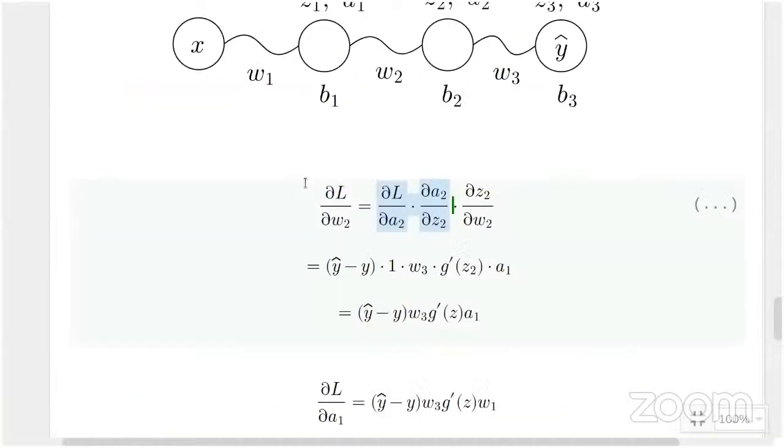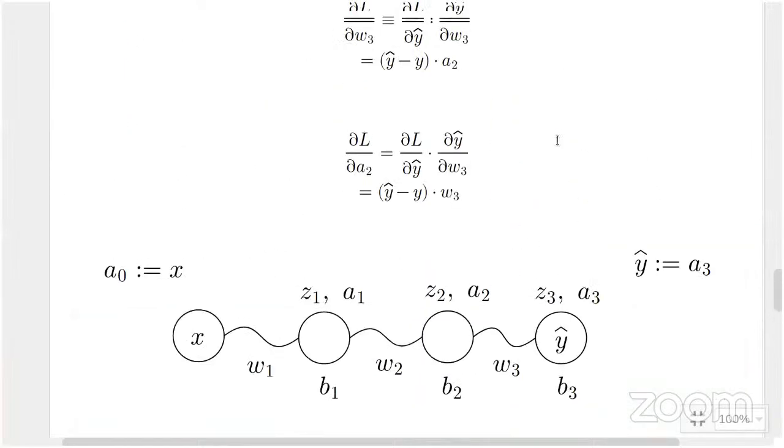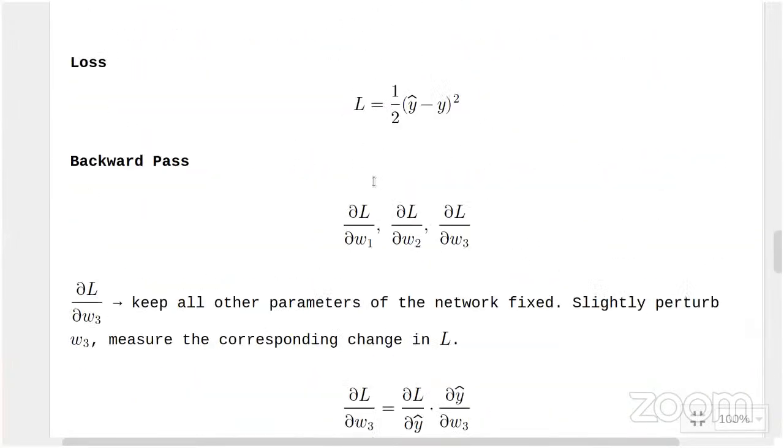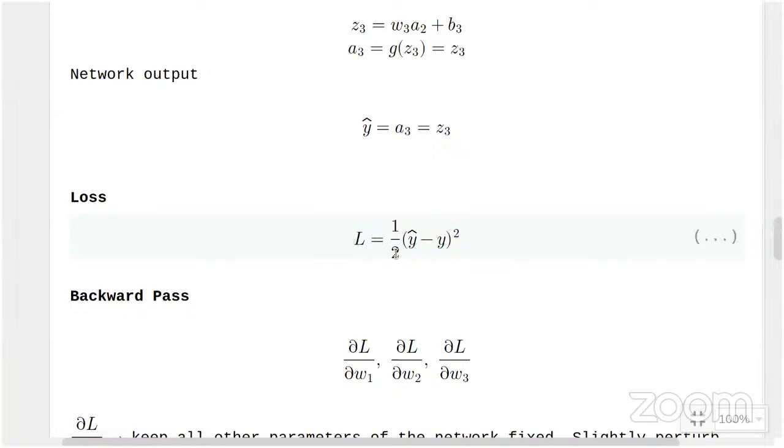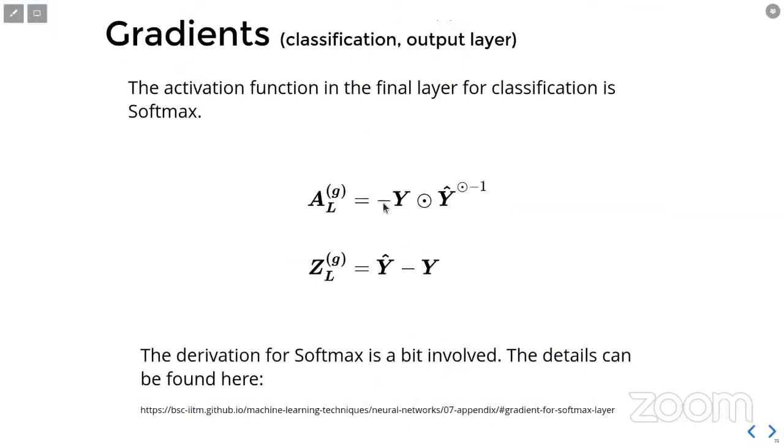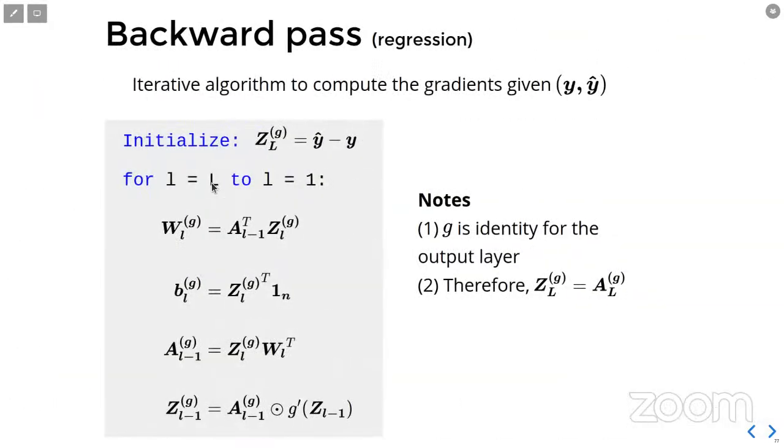Okay, so why does it matter? See, what was the first thing that we did here? We computed dou L by dou Y hat, right? Unless you have that, you can't go back. Yes, sir. So likewise here, I need to compute dou L by dou final layer, which is what this A capital L G represents. Okay, so I need to start from the outermost layer and then keep going back.